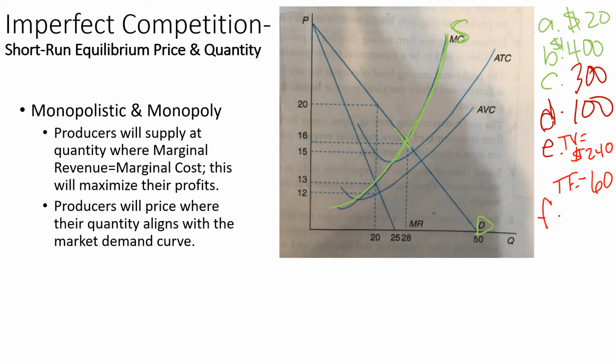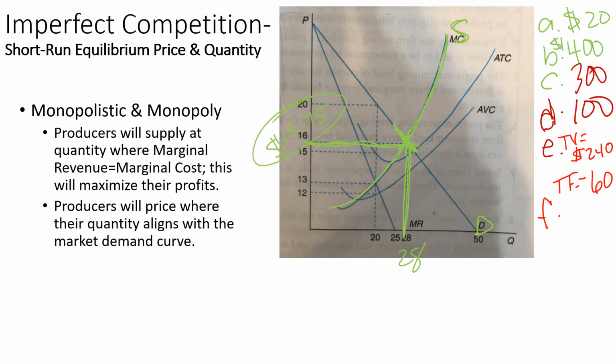The point where the demand curve meets the supply curve is where we would normally be supplying, at an output of 28, and we would be charging a price of about $15.75, it looks like.